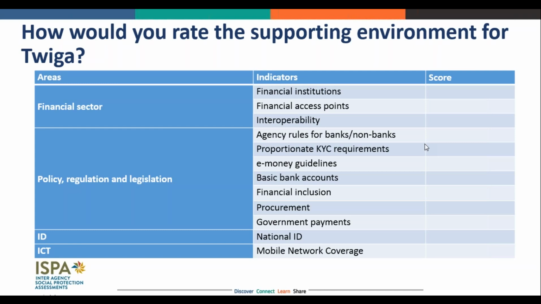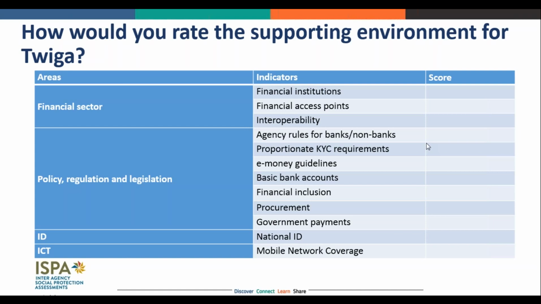And a score 4, the highest score, is a large variety of financial institutions operating in a competitive market, some with direct experience of delivering social cash transfers, thus good choice of payment service providers with appropriate products for the poor. I would suggest that we give them a score 3 for financial institutions.